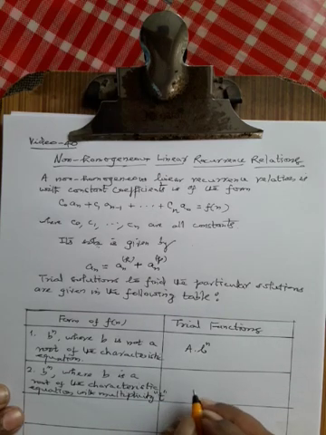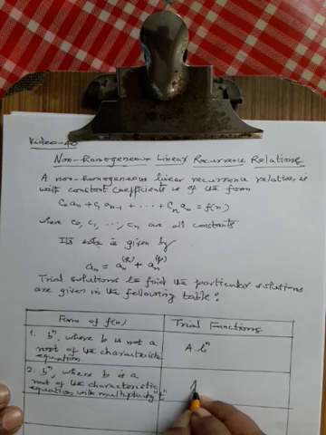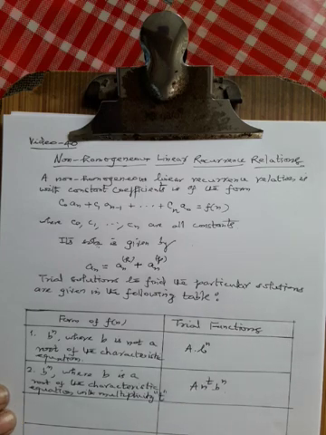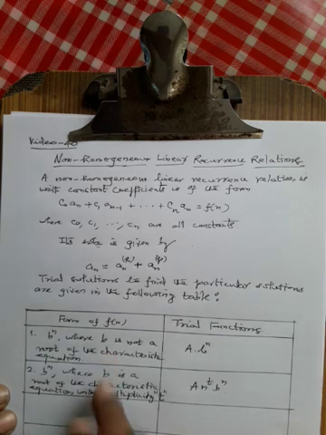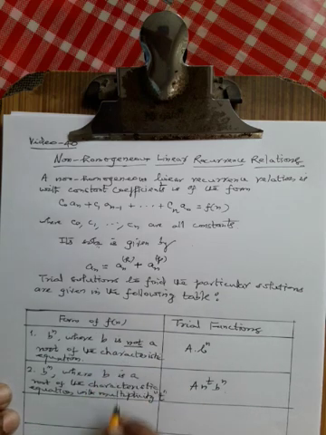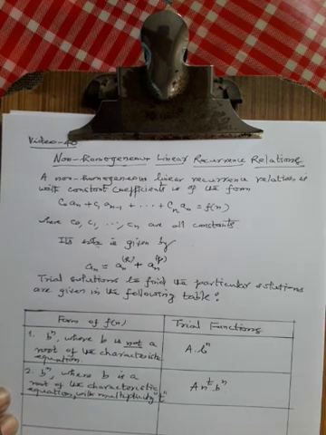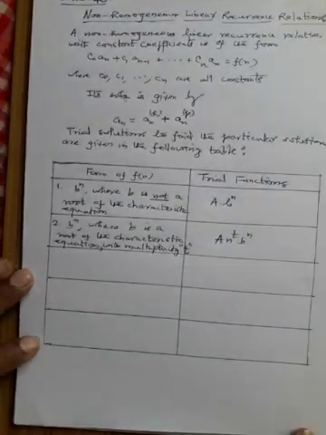In this case, we have to consider A times n power t times b power n. Here, the earlier case is where b is not a root of the characteristic equation; this is a root with multiplicity t. So this is one form.